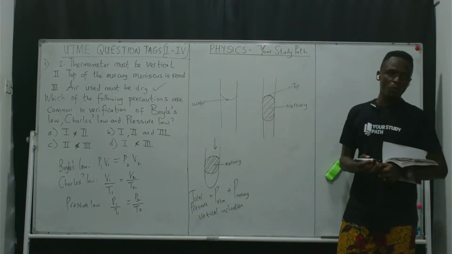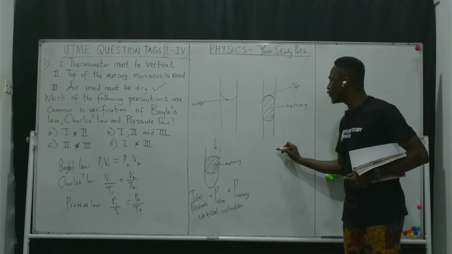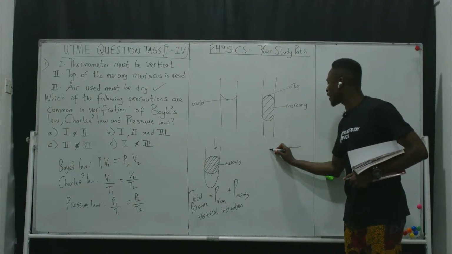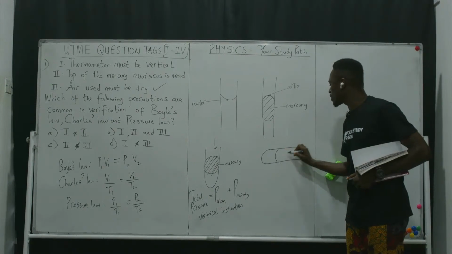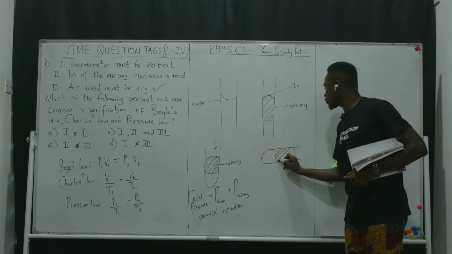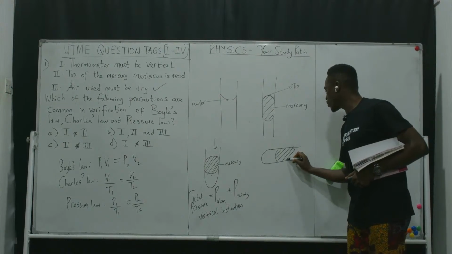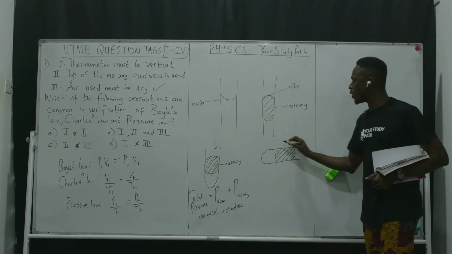But it does not stop there. When you are considering Boyle's law, you can always have a horizontal inclination in order to determine the total pressure.